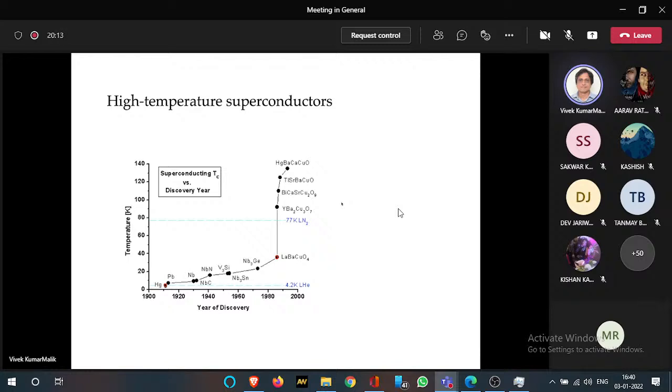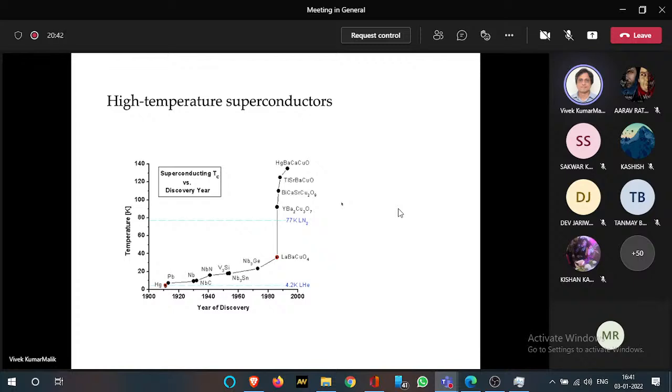Now, there are other superconductors also, which I have not included in this lecture. There are also the so-called pnictide superconductors, iron arsenide based superconductors, which were discovered around 2006-7. The highest TC, as far as I remember correctly, is around 55 to 60 Kelvin, so the TC is not that high.